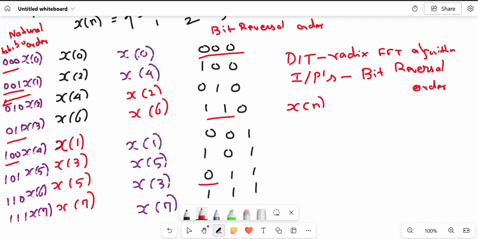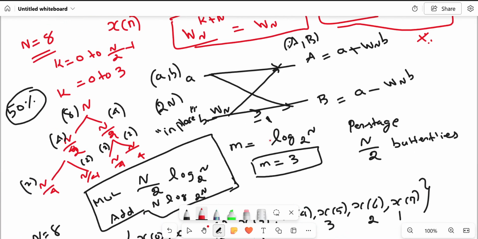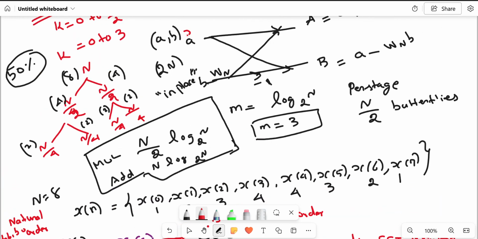So these two are one butterfly, these two one computation, and these two will be one computation, and these two will be one 2-point butterfly computation. So we have seen the 2-point butterfly computation, we have to perform this 2-point butterfly computation. For example, this will be x of 0 and the first butterfly x of 4.